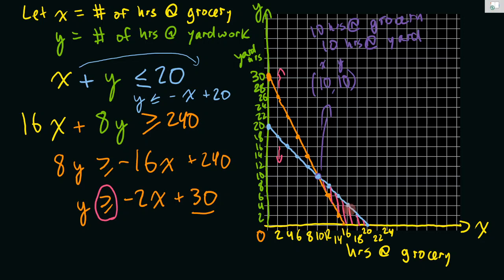Let's pick maybe not a point on the line. Let's pick a point right in the middle of the region over here. That point there is 16 on our x-axis and 2 on our y-axis. So that's x and y. So this would be 16 hours at the grocery and 2 hours at yard work.